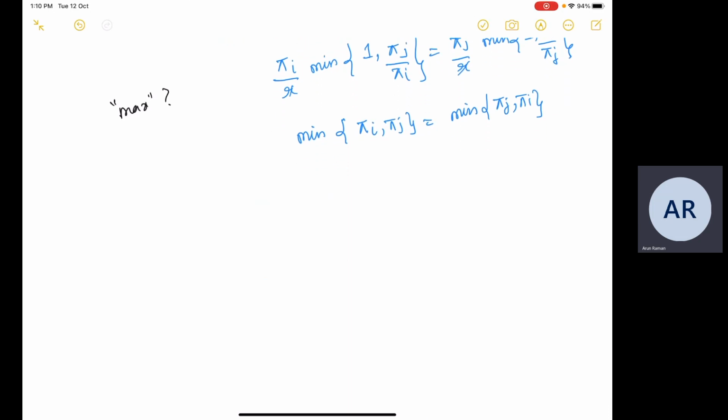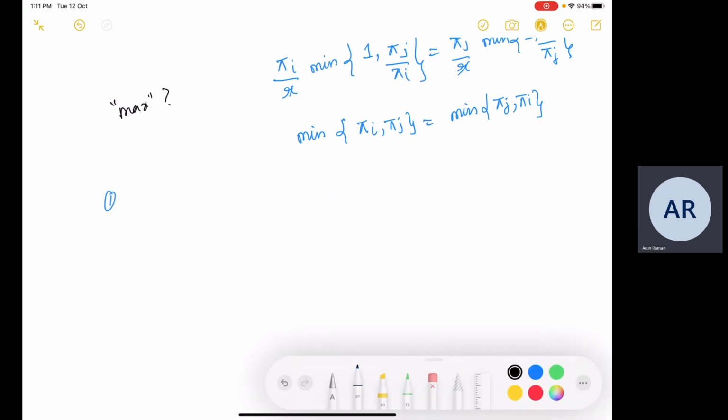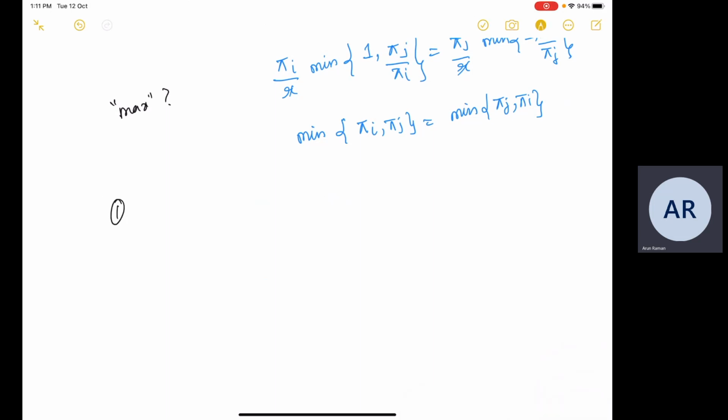Okay. So there are a few things which we should keep in mind when we are using the Metropolis Hastings algorithm. The first is, who will give us R? Okay.